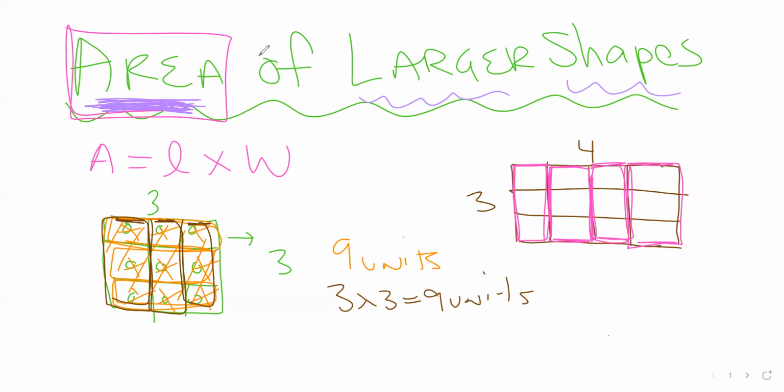And each one of those columns has 3 in it, right? So 1, 2, 3, 4, 5, 6, 7, 8, 9, 10, 11, 12, which again is skip counting 3, 6, 9, 12. Skip counting by threes 4 times to get me 12 units.